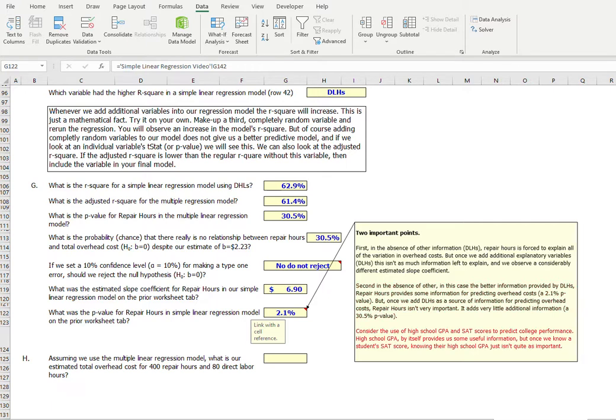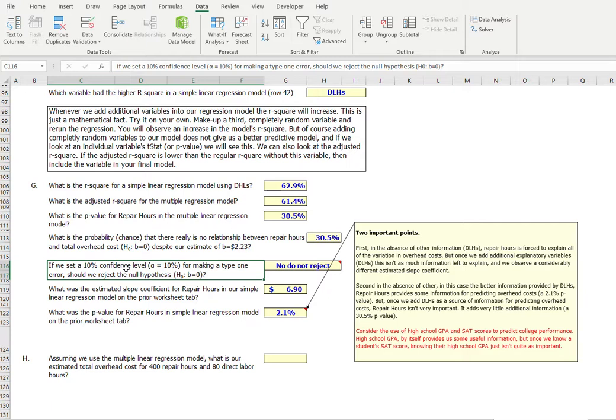Consider the use of high school GPA and SAT scores to predict college performance. High school GPA by itself provides us some useful information, but once we know a student's SAT score, knowing their high school GPA just isn't quite as important. We find this same thing true with repair hours. In a model by itself, it had a p-value of 2.1%. And if our confidence level was 10%, we certainly would have included repair hours in our model.